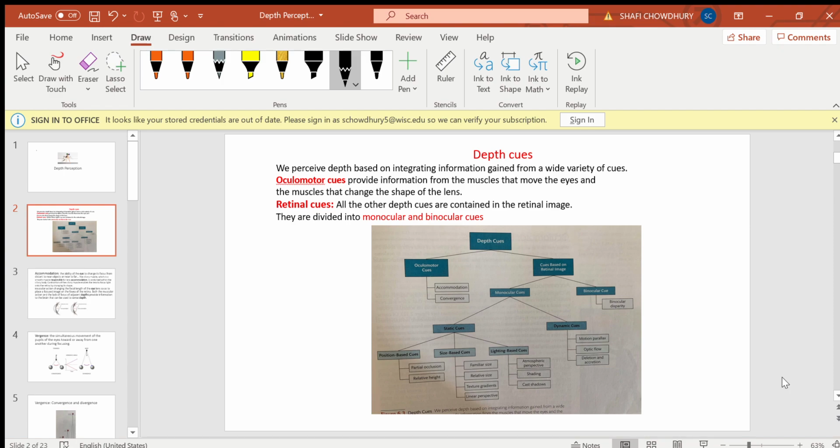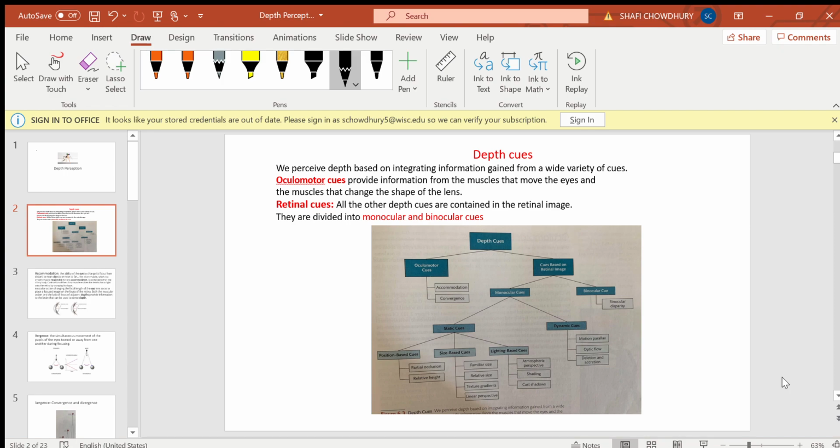We already talked about those. So the contraction or relaxation of the ciliary muscle of the ciliary body. And you know that the ciliary muscle's contraction and relaxation controls the shape of the lens. So that is called accommodation. So those are the oculomotor cues.